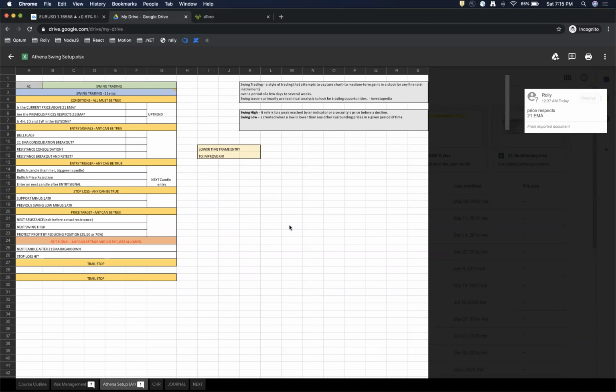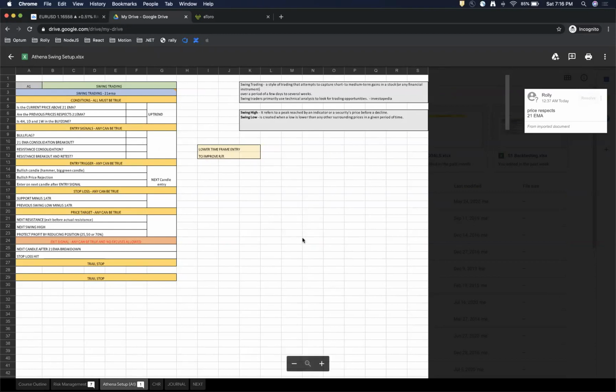I use this swing setup in my FX and stocks instruments. Swing traders primarily use technical analysis to look for trading opportunities. As part of the TFR, most of us are technical analysts, so we use technical analysis as the majority part of our trading.